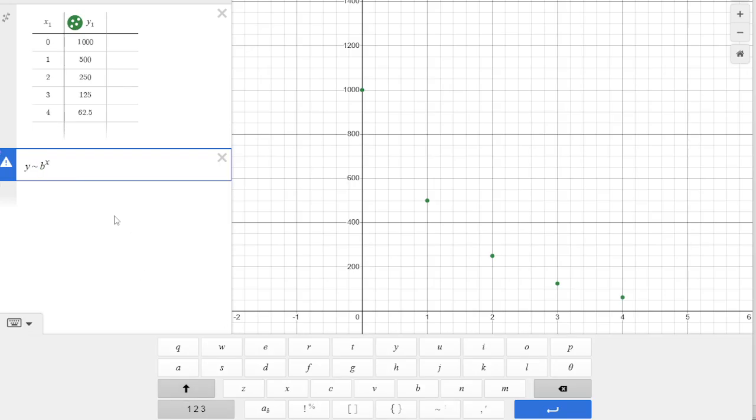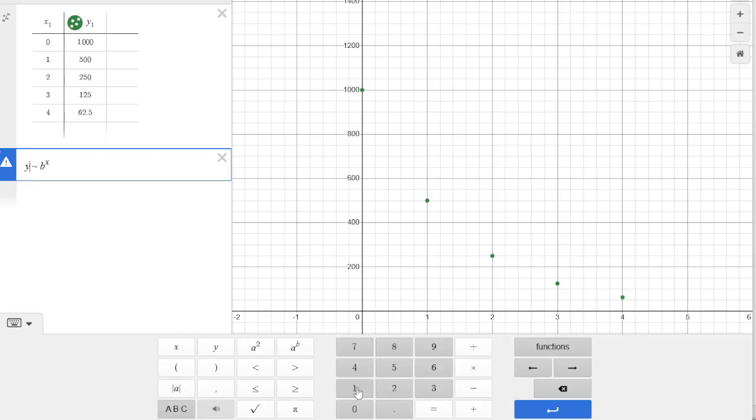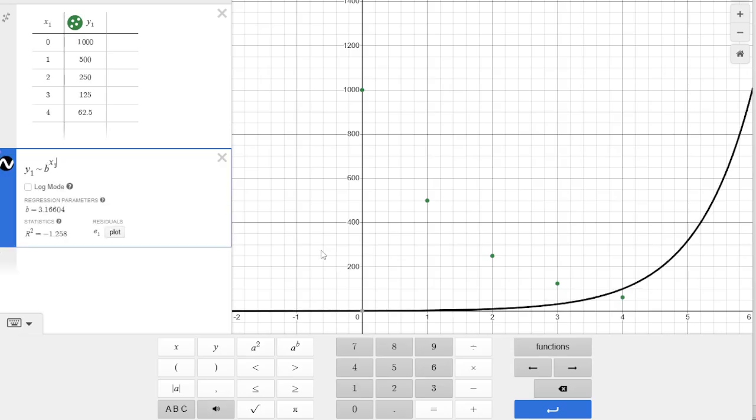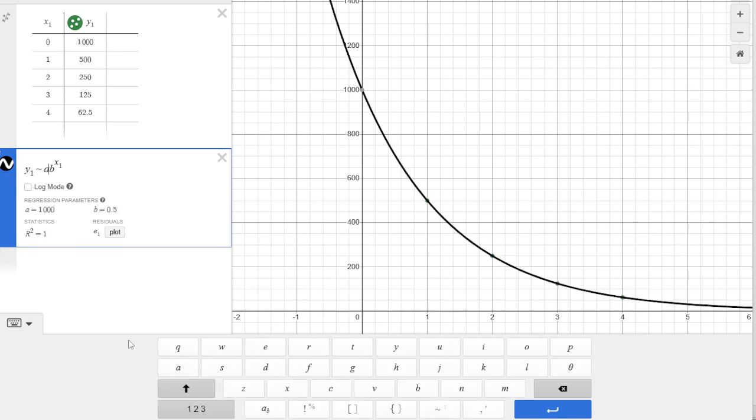So y1 tilde b to the power of x1. Oh, and I forgot my a. So y1 tilde a b to the x1.